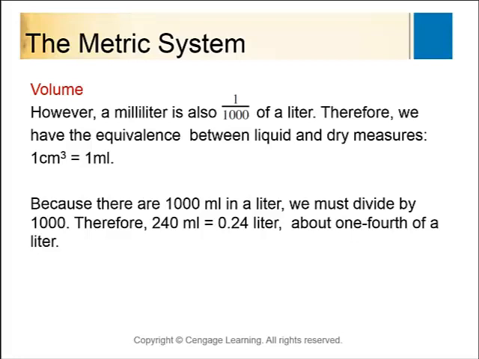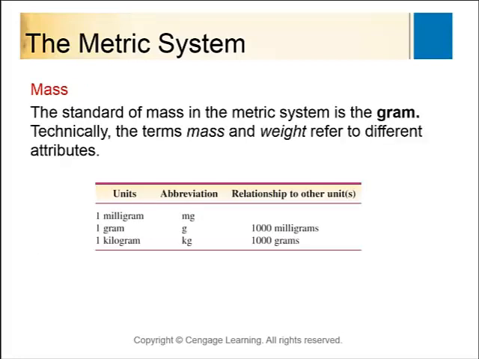Also letting me know the differences and the relationship between milliliters and liters, and going into the, no, it's not going into the English system yet, but we will in just a second.